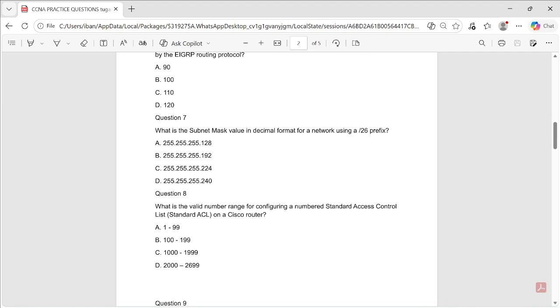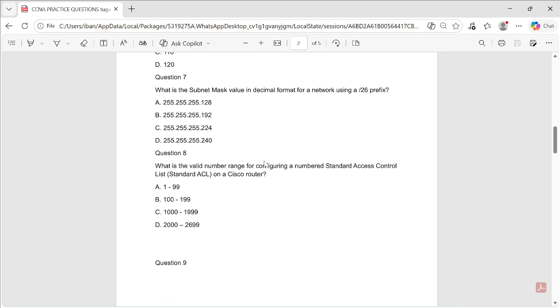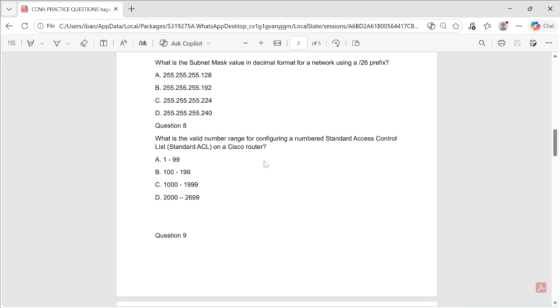You can check in Google by searching for the mask of a /26 prefix, and the answer is absolutely B.